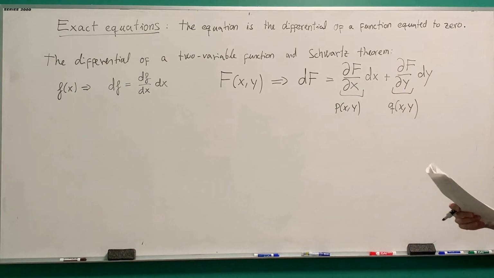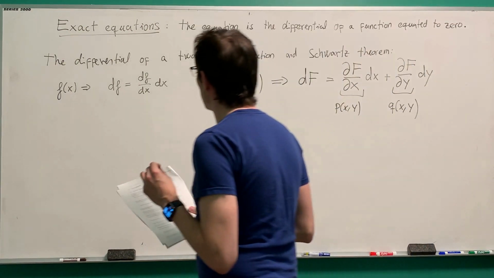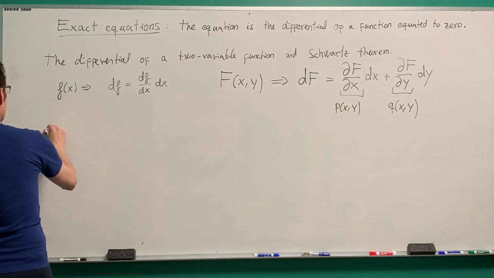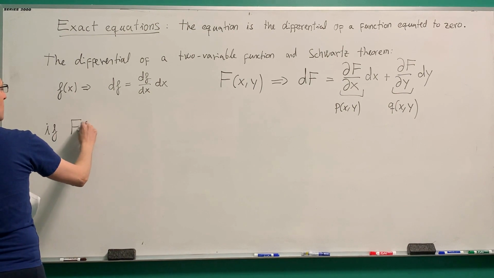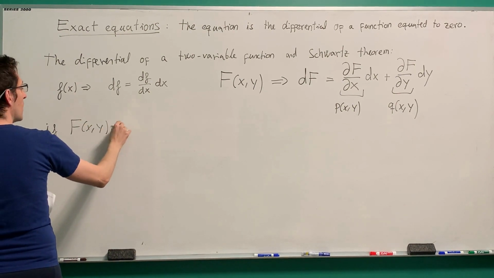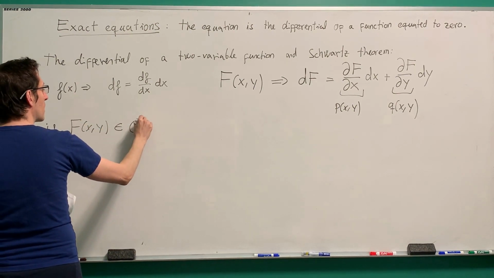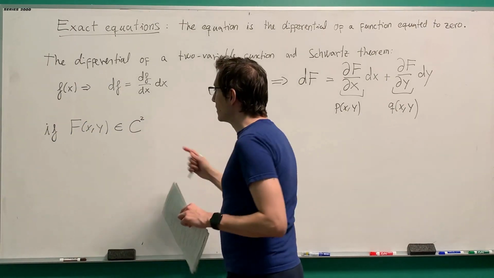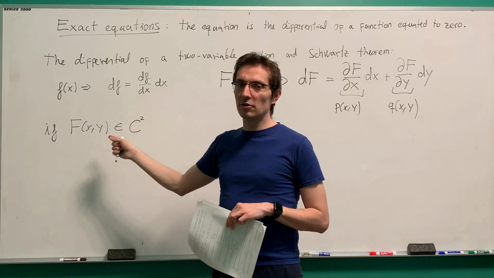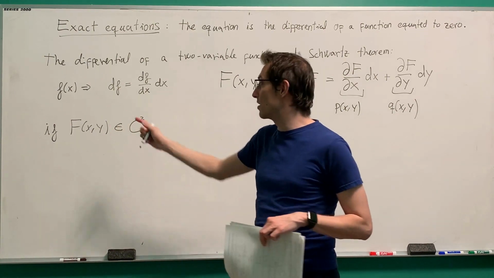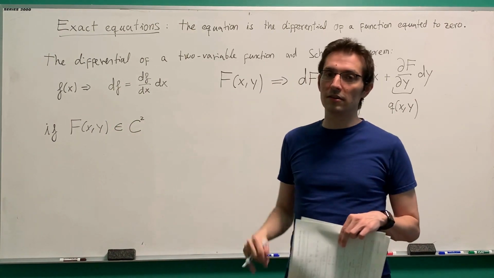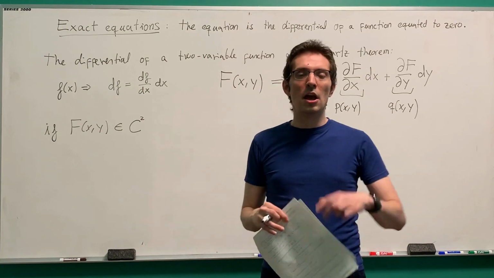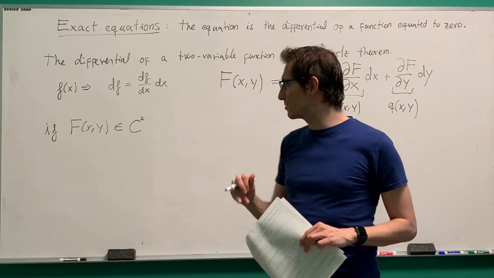All right. Now, Schwarz theorem tells us that if f of x, y is what we call class 2, what does that mean? That means that the second derivatives exist and are continuous. So the function is continuous, the derivatives are continuous, the second derivatives are continuous. Not too important to solve exercises, just to know.